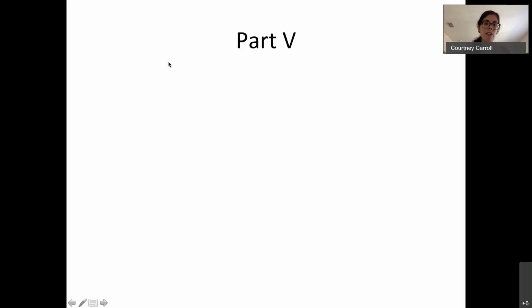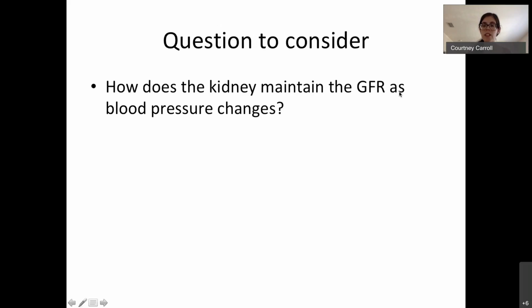Okay, so this is the question to consider that we left off with last time. How does the kidney maintain glomerular filtration rate as blood pressure changes? We talked about how we can think about the GFR and the glomerulus in general with the metaphor of a hose attached to your house. You have a tap coming out of the house with a hose.